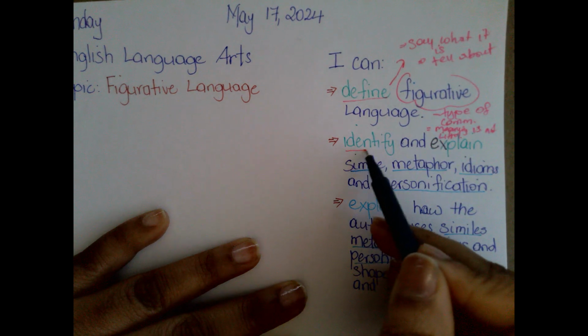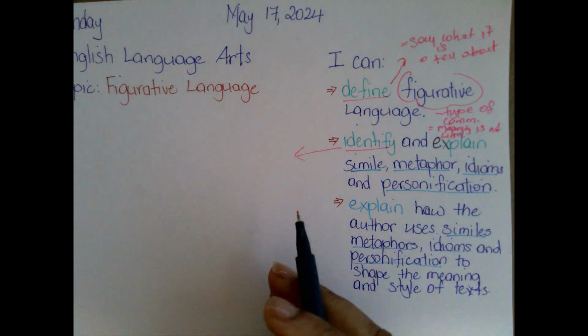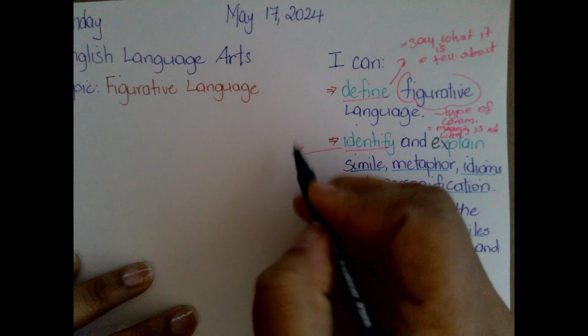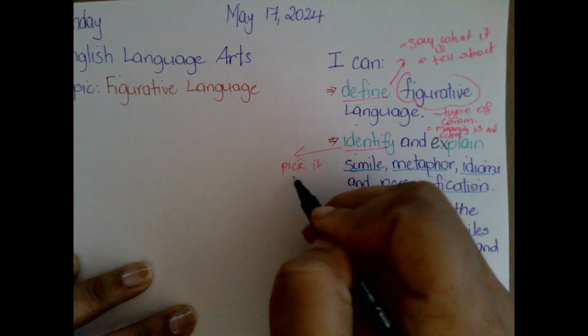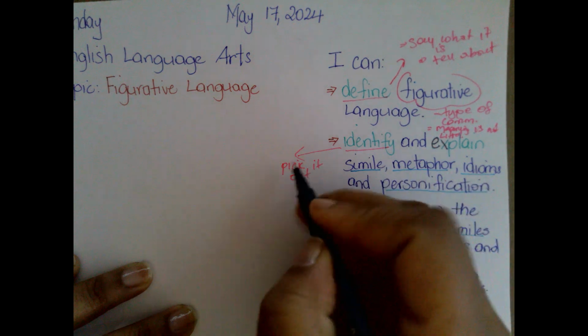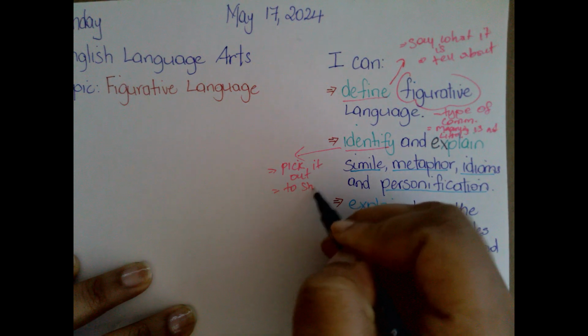Then you move on to identify. What does it mean to identify something? What do we do when we are identifying something? Good? So we could come up with, we pick it out, right? They may come up with to show, right?